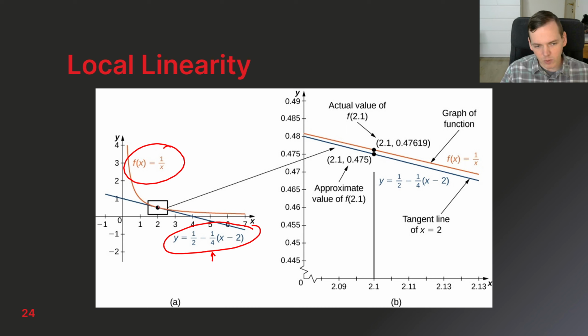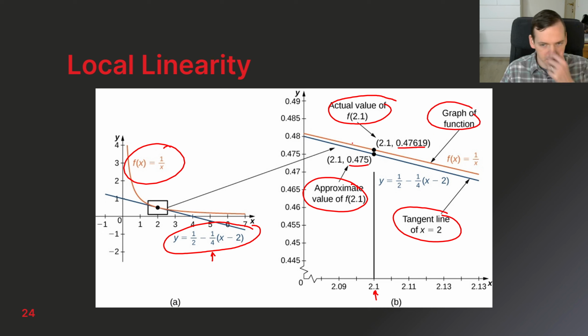Now, if we zoom in really close to 2, we see that for 2.1, the value of the tangent line at x equals 2 and the value of the actual function are quite close here. So the graph of the function and the tangent line basically look linear, because the tangent line, of course, is linear, and anytime you zoom in close enough, a continuous function will look linear.